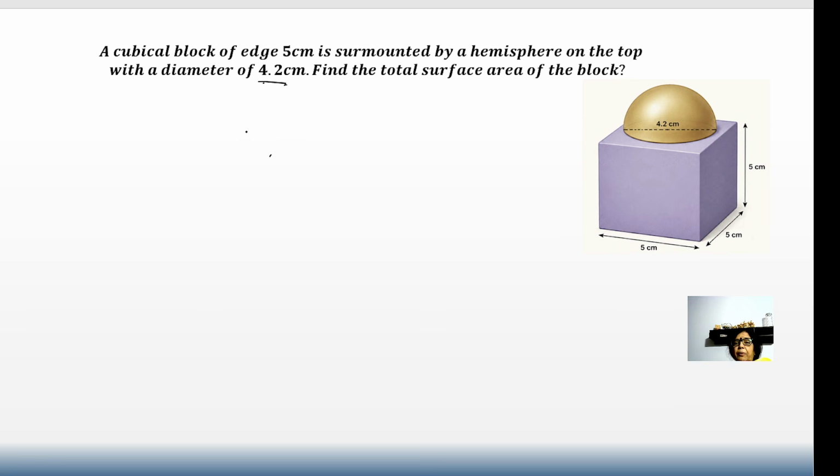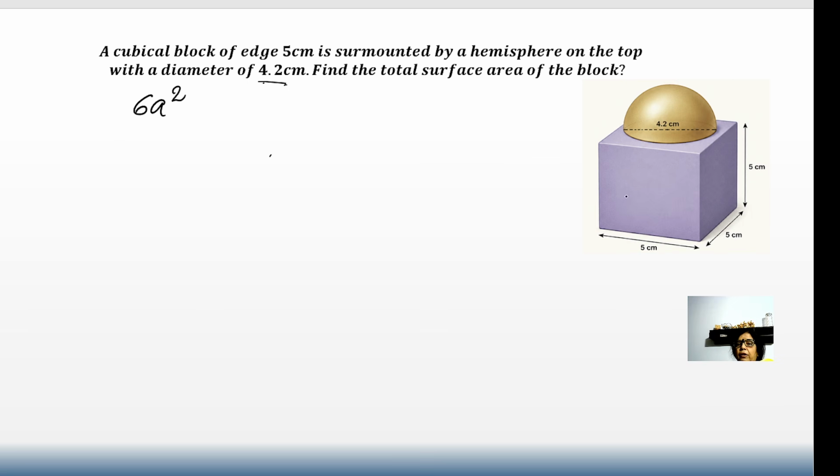Now in these types of questions, the fundamental rule that you should follow is: we'll write down the entire formulae for the entire structure, simplify the formulae and then plug in the values. So first of all, the total surface area of the cube is 6a square, where a is the edge length.